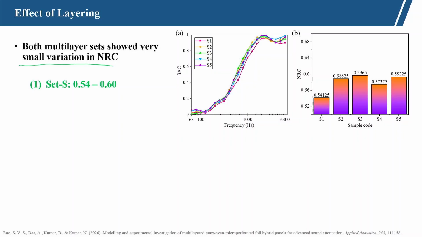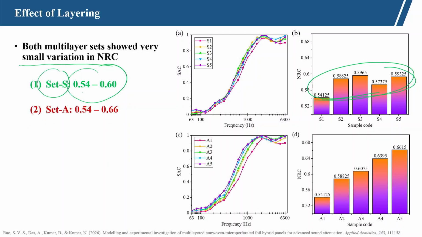You can see in set S, where the thickness was kept constant, the noise reduction coefficient is changing within 0.54 to 0.6, a very low range. Even for the sound absorption coefficient, there is no significant difference.